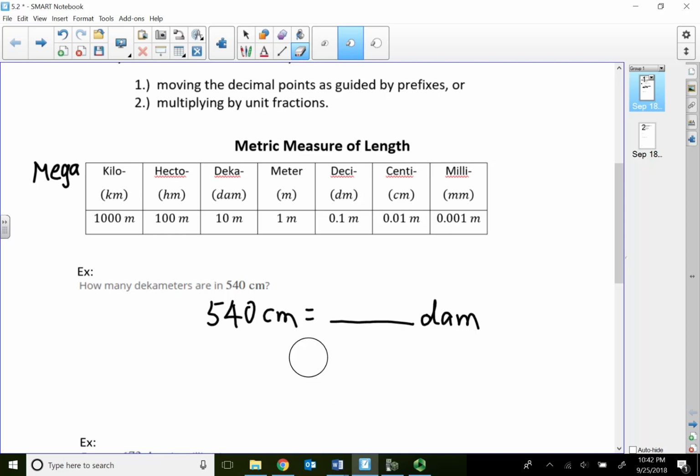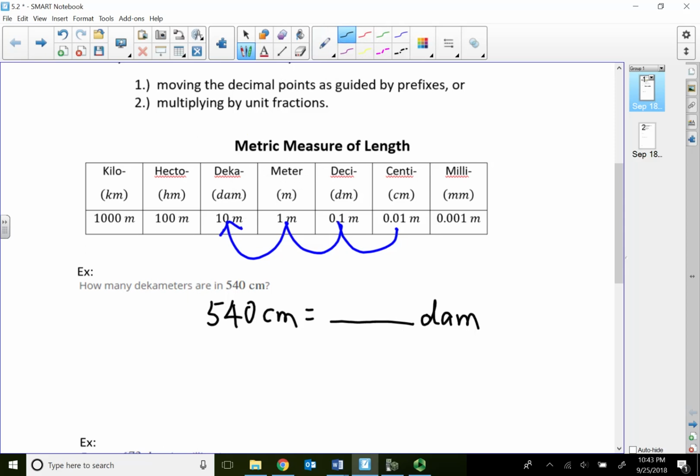So multiplying by a unit fraction is sometimes a little bit difficult when you don't have certain information. The easiest way is moving the decimal places. If you know where you're starting and where you're going, all you have to do is move the decimal place. I'm starting at centimeter and I need to go to decameter. So I need to go 1, 2, 3 places to the left.